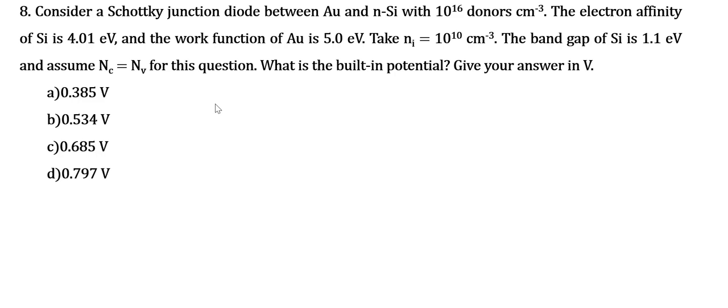And one more condition is Nc is equal to Nd. They are asking the built-in potential that is formed in a Schottky junction between Au and N-type Si. The number of donors, the electron affinity, and the work function are all given. So in that case, what is the built-in potential?